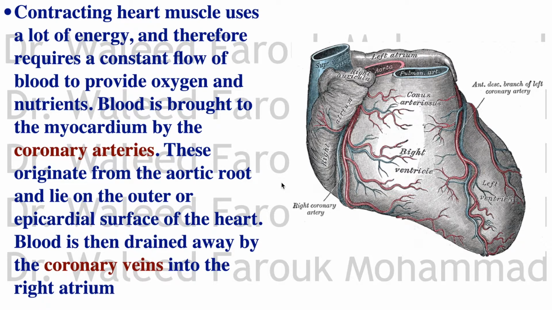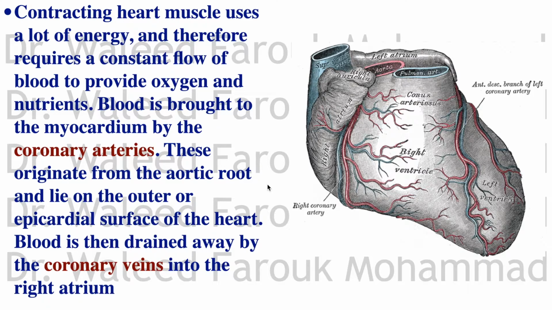The contraction of the heart is powerful and consumes energy, and this requires the constant flow of blood to provide oxygen and nutrients. This blood comes from the coronary arteries, and they were discussed in detail in the thorax section of anatomy.